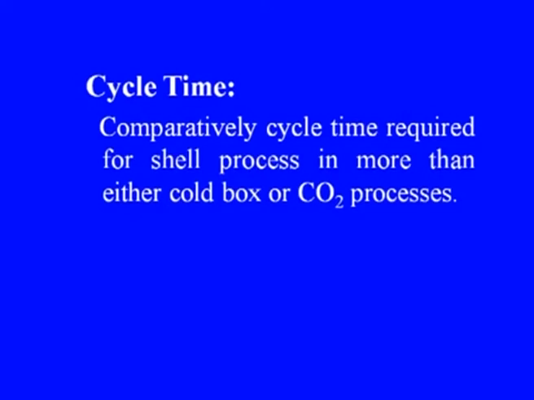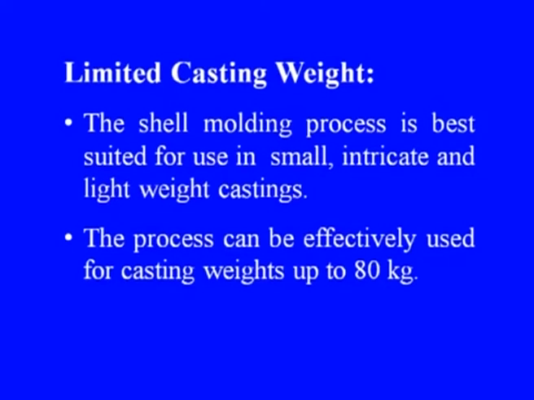Comparatively, the cycle time required for the cell process is more than either the cold box or carbon dioxide processes. Limited casting weight. The cell molding process is best suited for use in small, intricate and lightweight castings. The process can be effectively used for casting weights up to 80 kilograms.